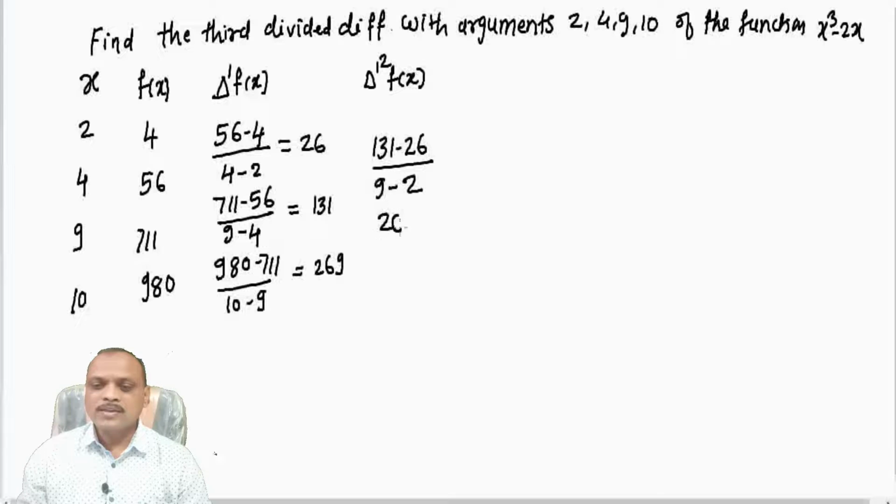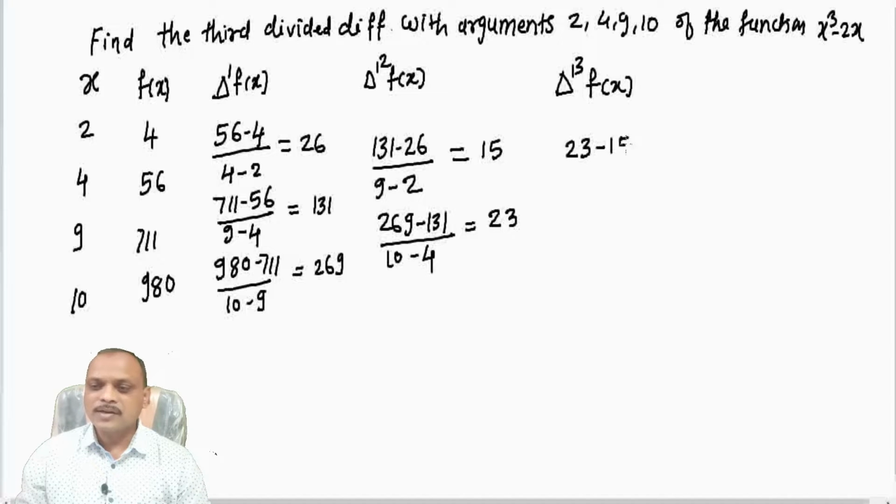Then 269 minus 131 divided by 10 minus 4, and the values are 15 and 23. Third divided difference delta dash f of x is equal to 23 minus 15 divided by 10 minus 2, and it is 1.